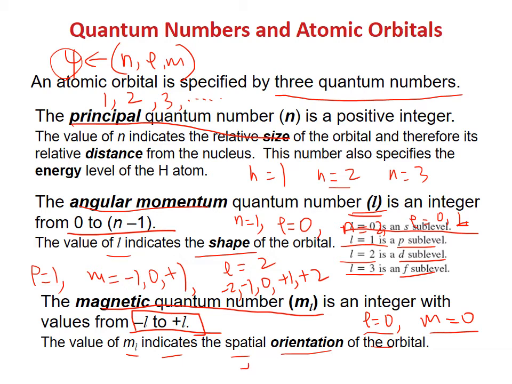When l equals 1, here we call it a p orbital. The possible m can be negative 1, 0, positive 1. So there are 3 orientations, and these are px, the orbital along the x direction, py along the y direction, pz along the z direction.